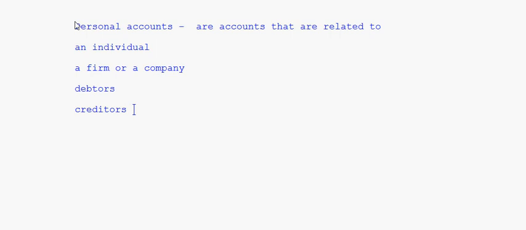And capital account is also treated as a personal account, because that capital account is the account of the proprietor, right? Drawings account is also taken as a personal account.